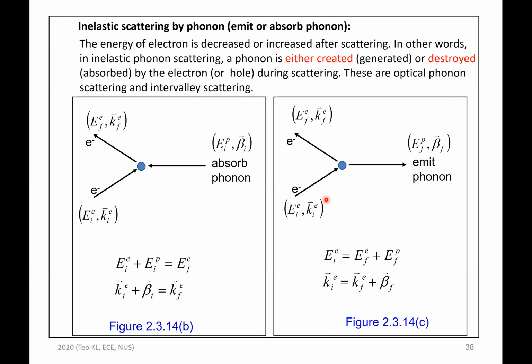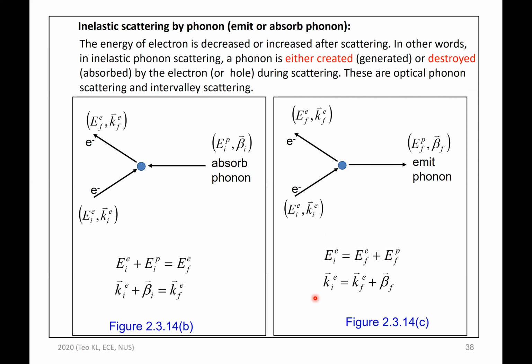Now, instead of absorbing a phonon, let's say the electron travels inside the semiconductor, it can emit energy to the lattice. Such an emission we call emitting of phonons, and then the electron gets scattered. So initial electron energy equals the final energy of the electron plus the final phonon energy, or the emission of phonon energy.